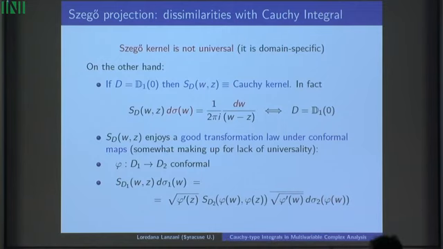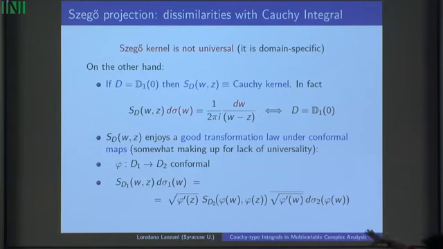So now, why is that good news? That's good news because the Szegő kernel and projection enjoy a good transformation law under conformal maps, somewhat making up for the lack of universality. And so if phi is a conformal map between two domains, I'm assuming simple connectivity here so that the classical theory goes through, you can express the Szegő kernel for one domain in terms of the Szegő kernel for the other domain composed with the conformal map.